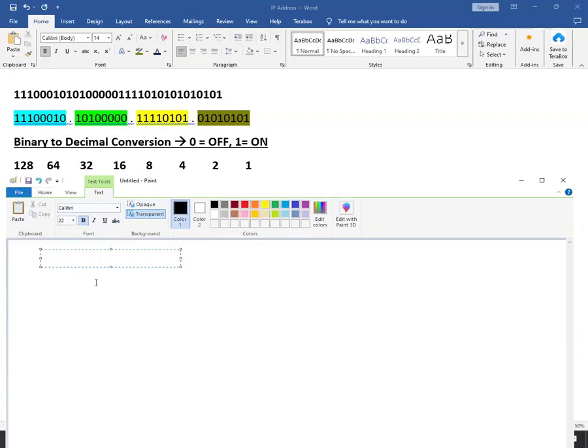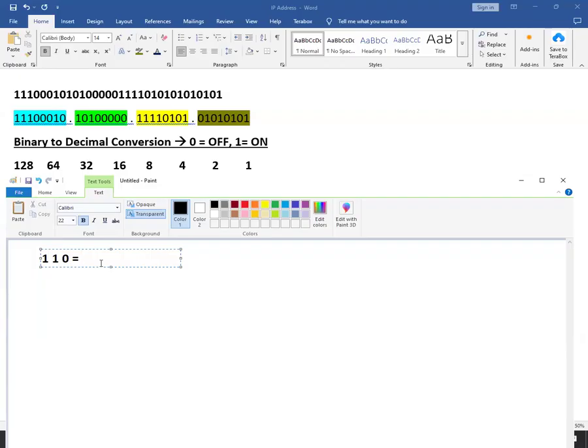Can I convert the binary number 1, 1, 0 into decimal? I can convert. This is 110 in binary.